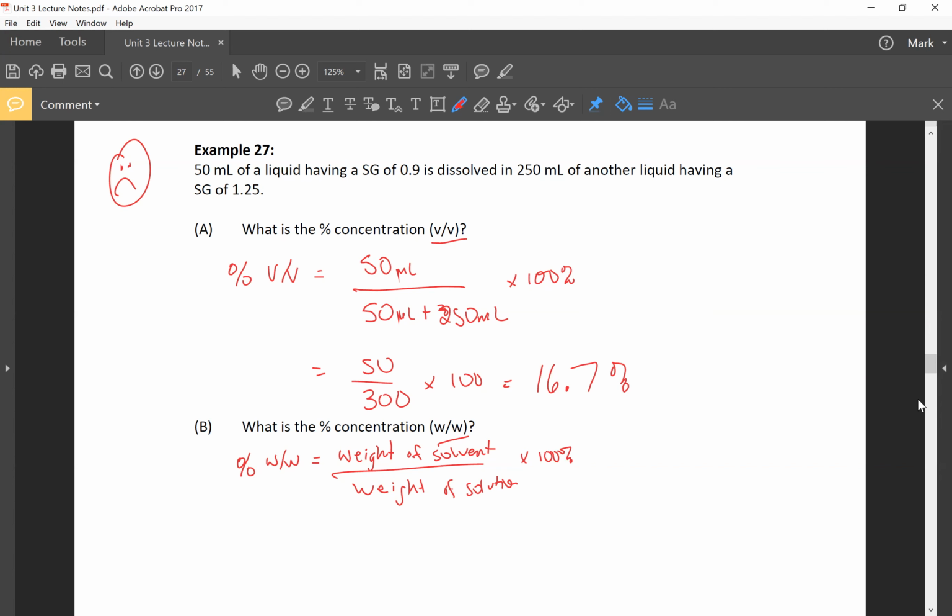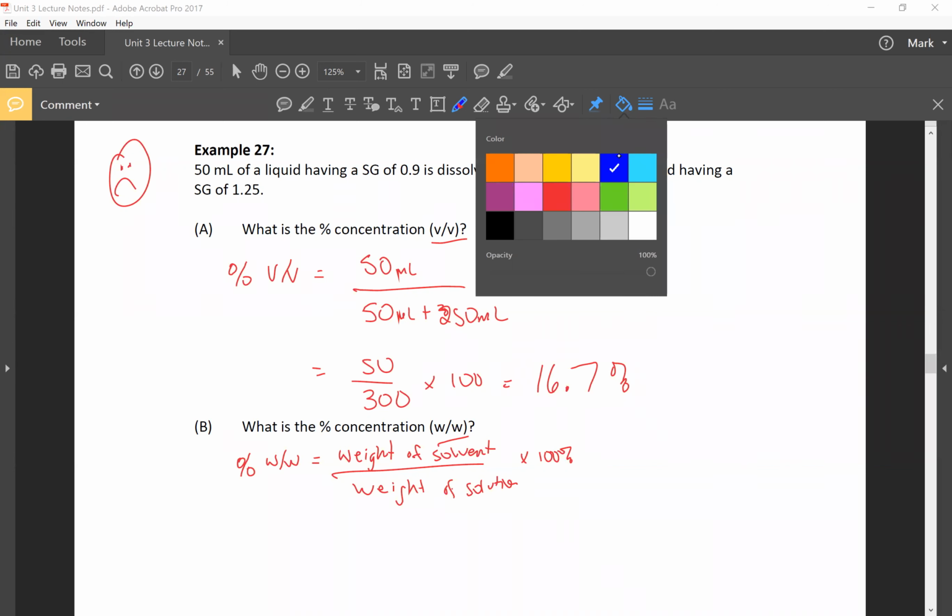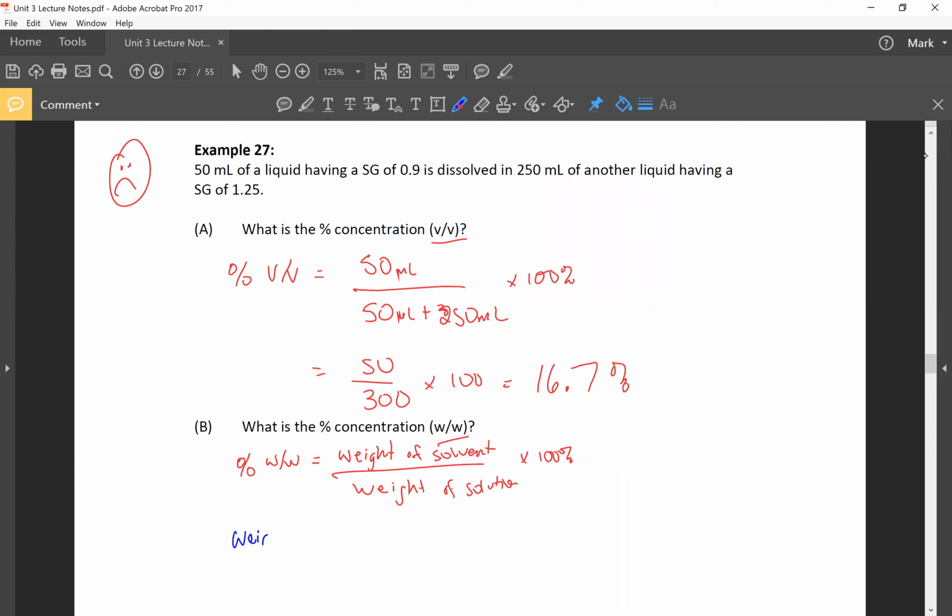So I'm going to use my weight formula, which is again on your formula sheet, the weight of a liquid. So I'll change my color here. Let's go blue. So the weight of a liquid is equal to the equivalent weight of water.